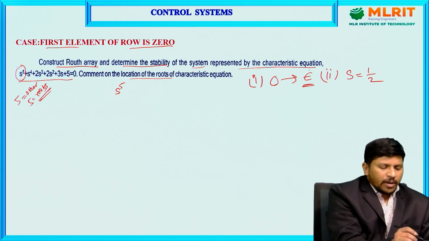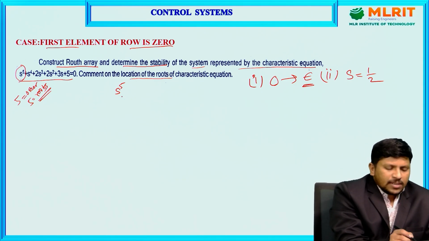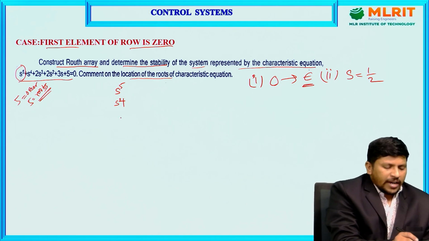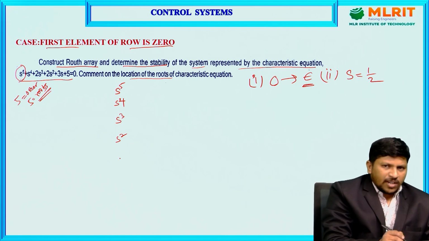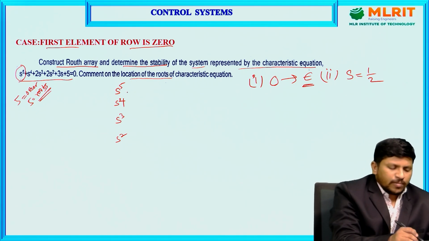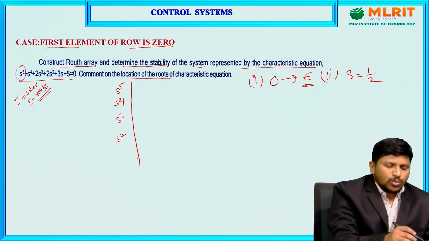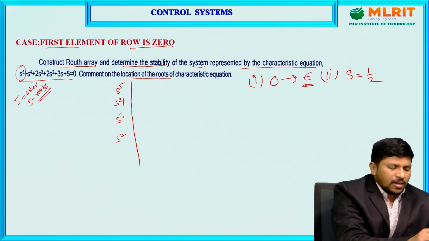Now I am going to arrange the array matrix: s power 5, s power 4, s cube, s square, s power 1, s power 0. The first two rows are arranged from the question.